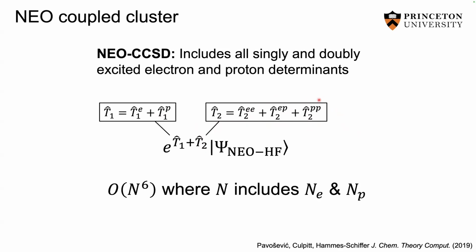I'm not going to mention these a lot in terms of correlation because proton-proton correlation isn't super important due to their localization. But electron-proton correlation is really key in capturing the qualitative nuclear quantum effects in these methods. And so just like conventional coupled cluster with singles and doubles, this is an order N^6 scaling method. But in this case, the N includes both the electronic orbitals and also the protonic orbitals.